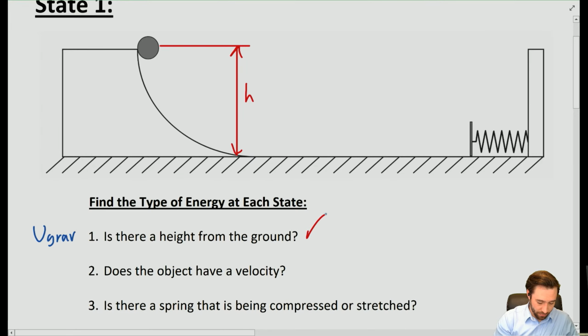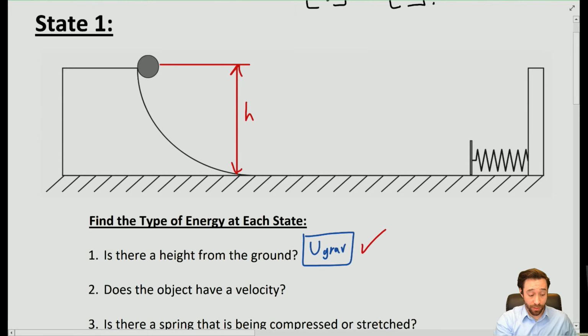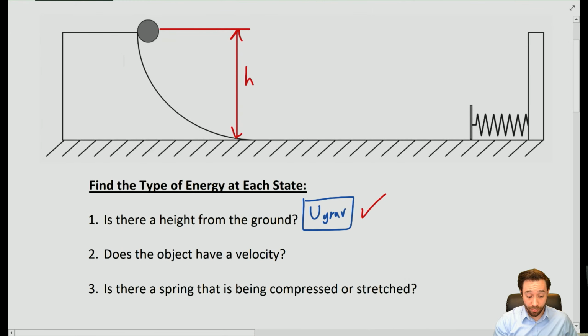Let me move this over here for the sake of consistency with the other videos. So, gravitational potential, that's a check. There is a height from the ground at state 1. At the state where it's at the maximum height, at the very top of the ramp, there is a height from the ground. And just as a reminder, this is the ground.